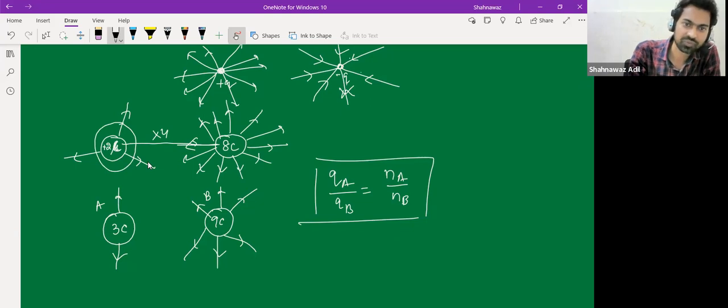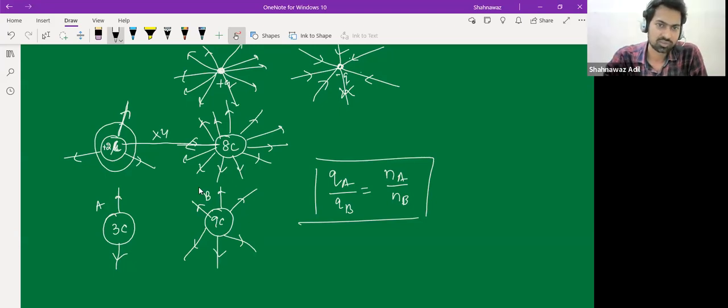So if we have the positive charge, the electric field lines would always go outward in the direction. This is the convention that we have. For a negative one, it will be incoming. This is the convention that is there.